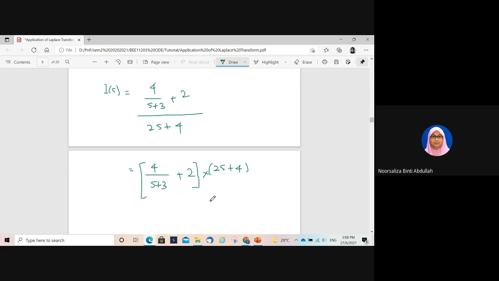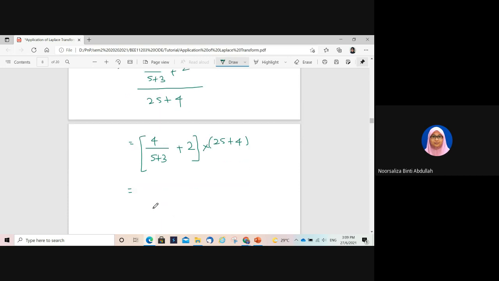Lepas tu sama juga dengan 8S plus 16, panjang sangat tak? Nak expand kan doktor? Ikut awak semua. Saya follow. You all yang nak jawab exam.